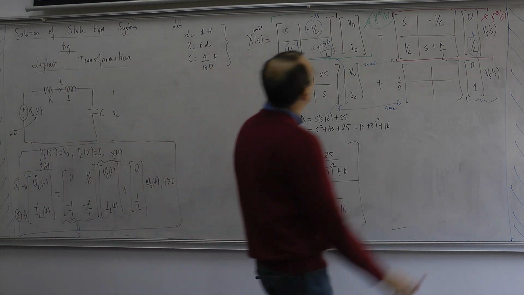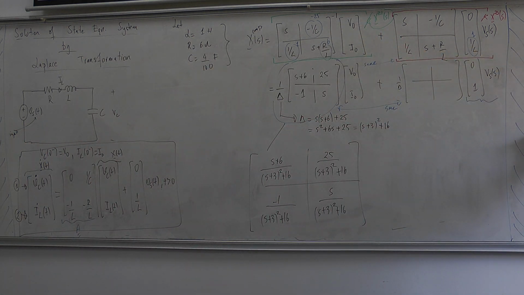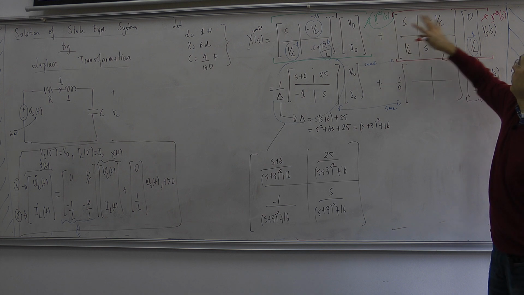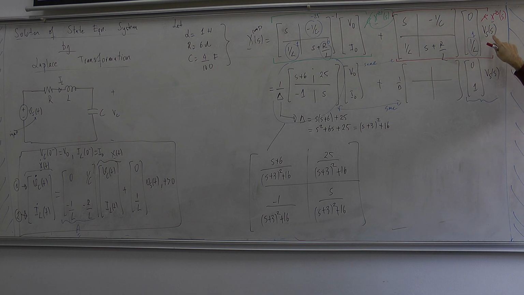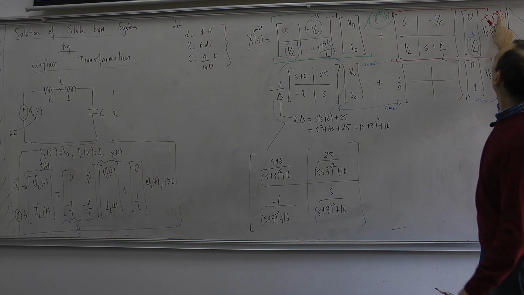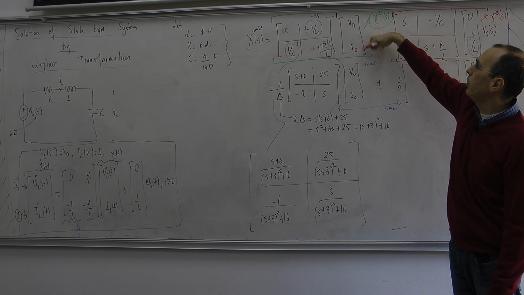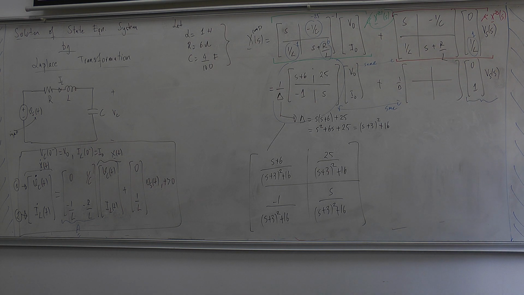Then these two are equal to 0. If those are equal to 0, you are left with this part of the solution. This is obviously related with the input. It's a function of the input in Laplace domain. So this has to be the zero-state solution. ZS means state variables are equal to 0, zero-state variables.